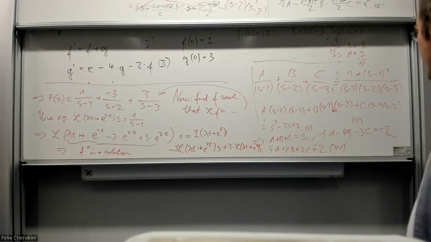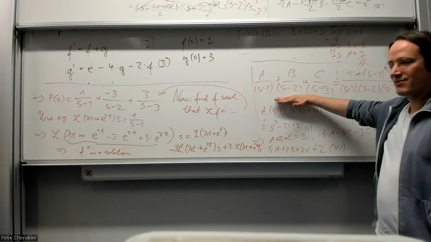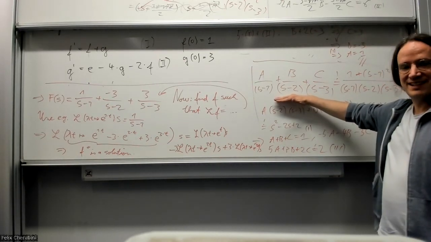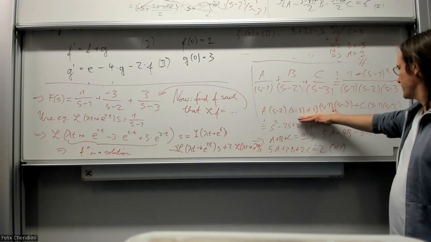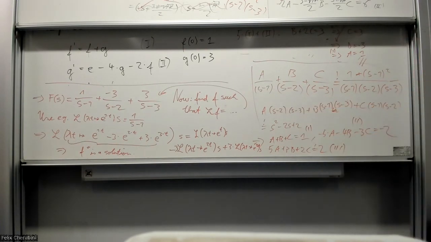I think it was the second form, the line below that part, and then they tried s equals 1 and 2 and 3, and they found A, B, C really quick. Why does it work?